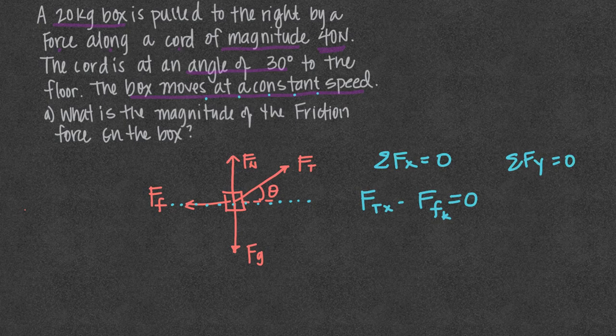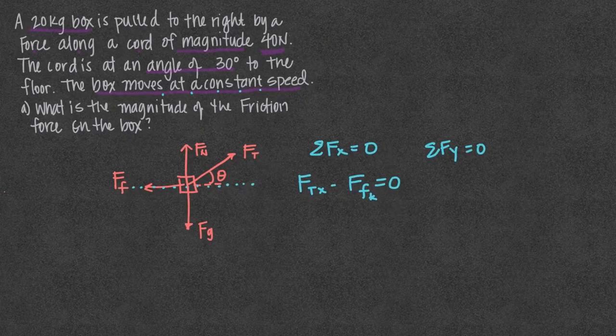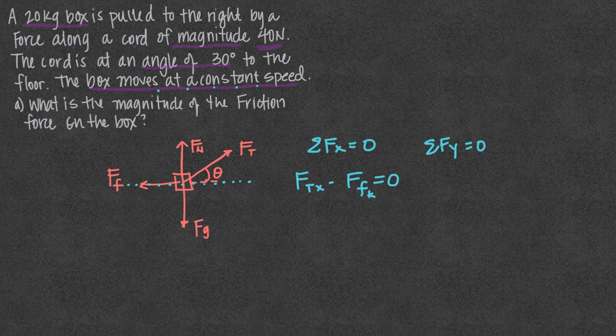Now the difference here is that I got a little more than just normal and weight in the y direction. So I've got the normal force up plus a component of the tension in the y direction and minus the weight. Those are the forces in the y direction.